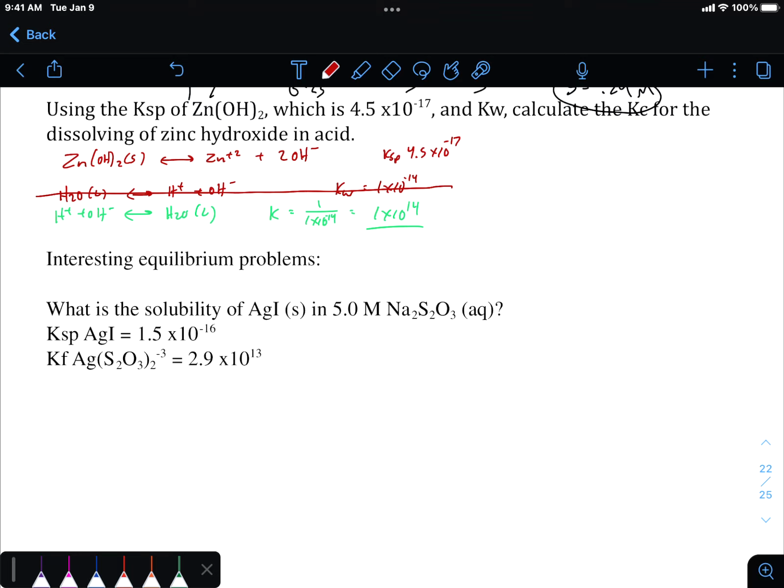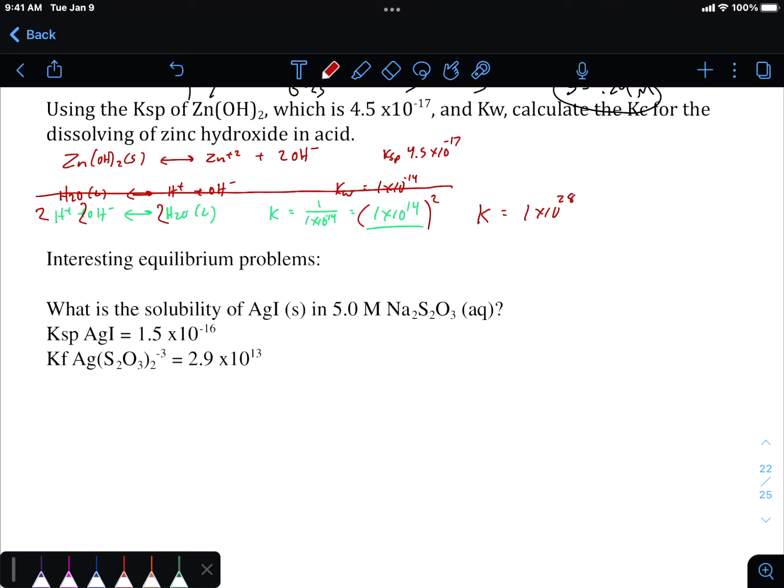Yeah, let's multiply it. All right, so multiply everything here by 2. And when you do that, the K will have to be, the coefficient that you used, you'll have to square it, which would be 1 times 10 to the 28th.